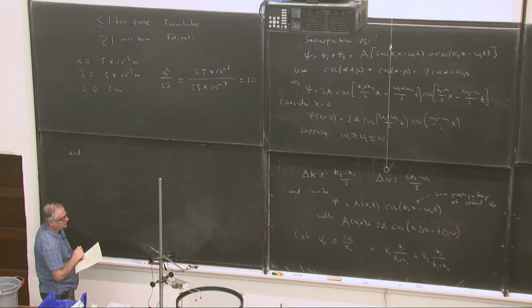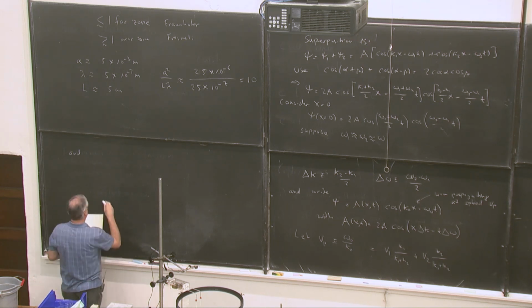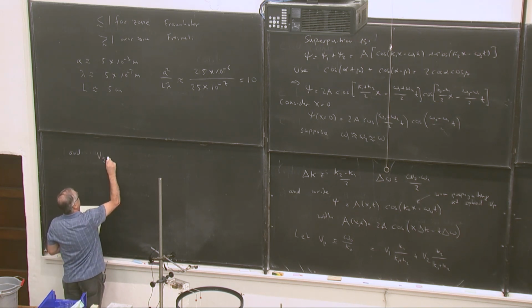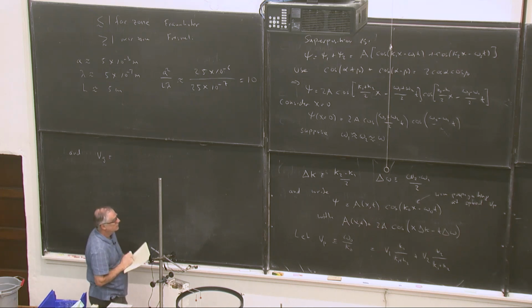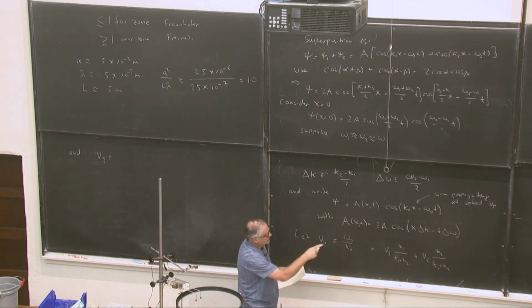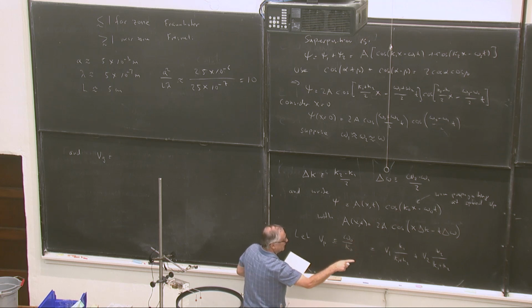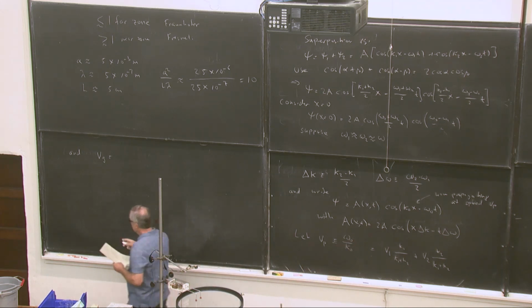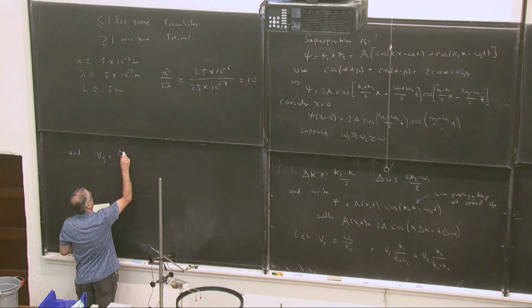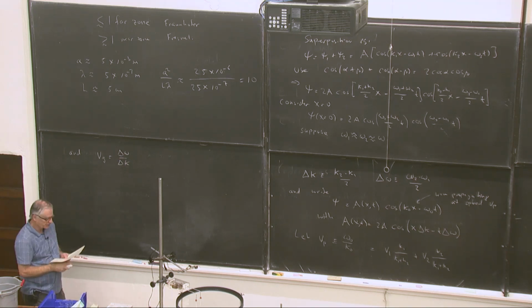In particular, from this Taylor series, we get V sub G, which we defined as delta omega over delta k, in the limit of small delta k.